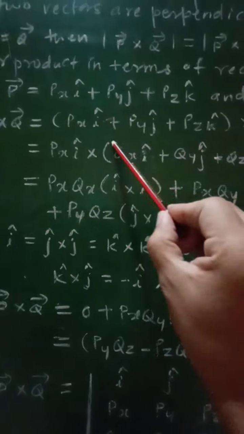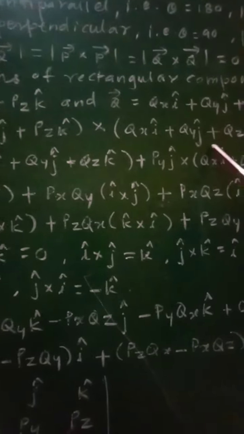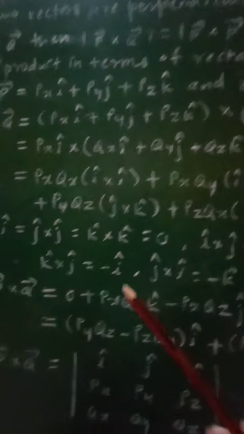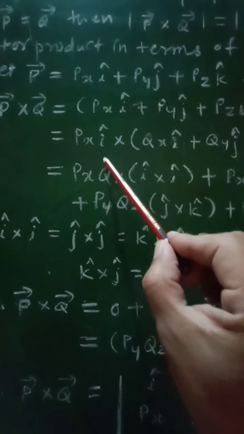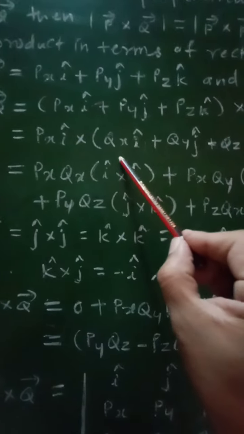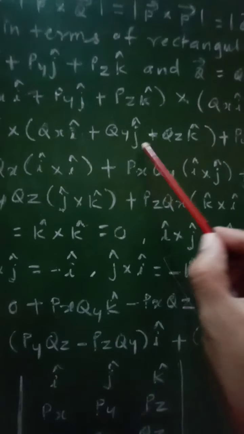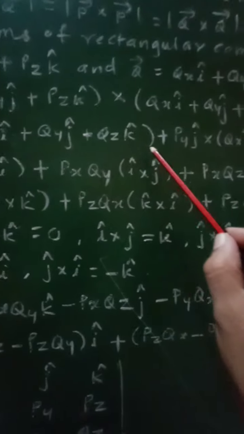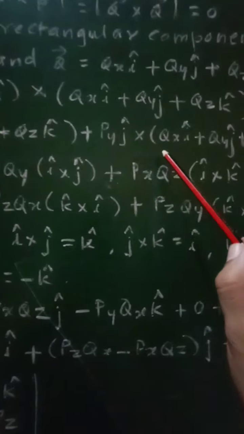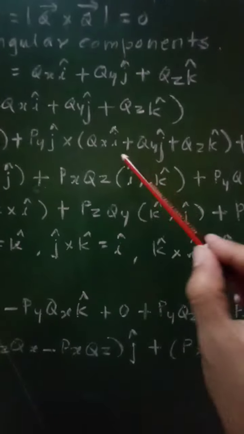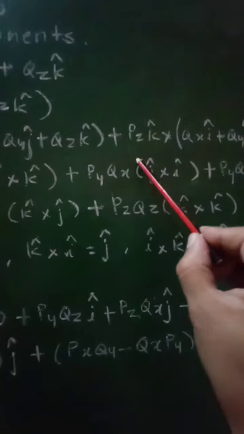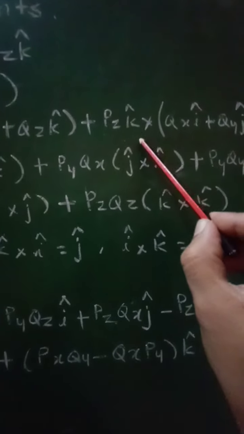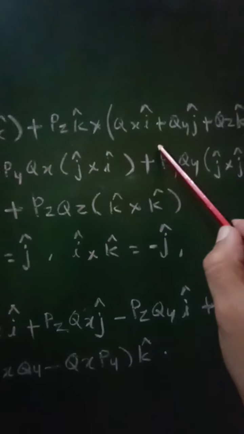Then these three terms of vector P will be multiplied by these three terms of vector Q, and therefore the cross product will be written as Px i cap cross Qx i cap plus Qy j cap plus Qz k cap, then plus Py j cap cross Qx i cap plus Qy j cap plus Qz k cap, and then plus Pz k cap cross Qx i cap plus Qy j cap plus Qz k cap.